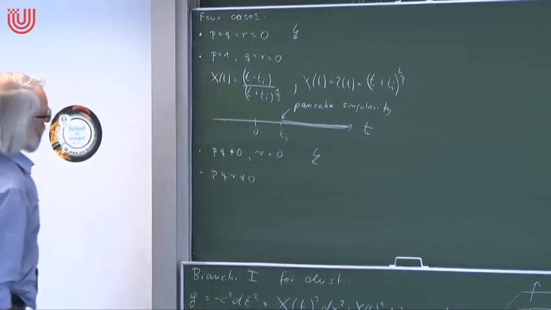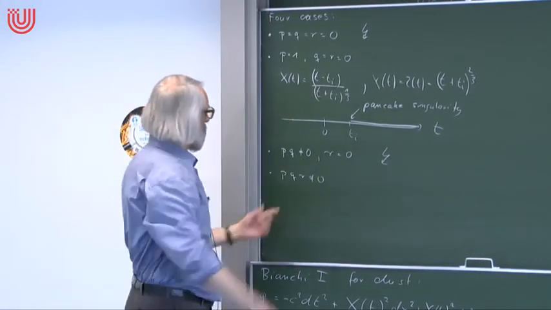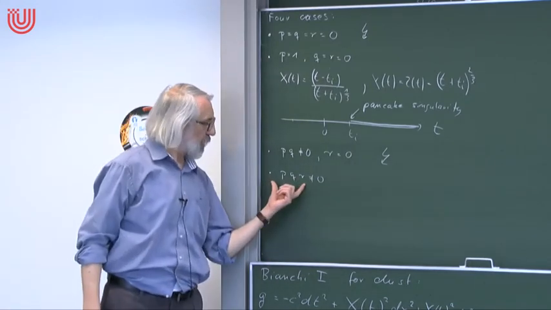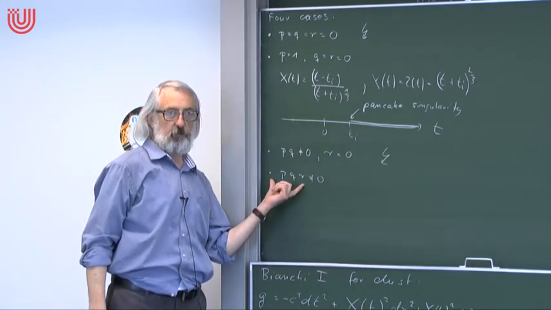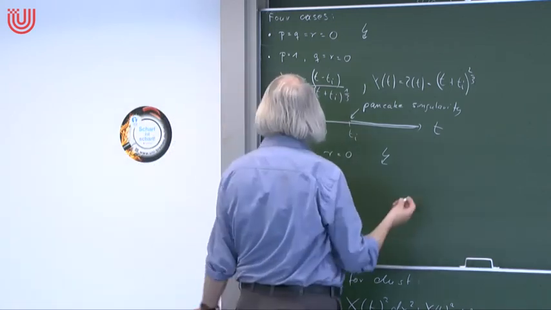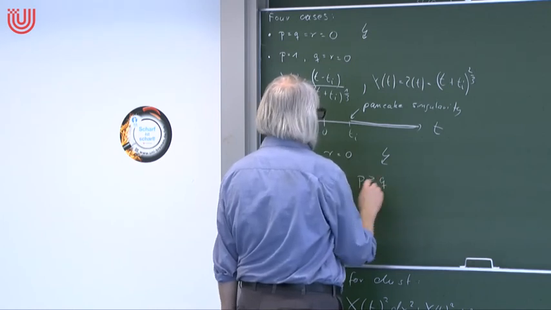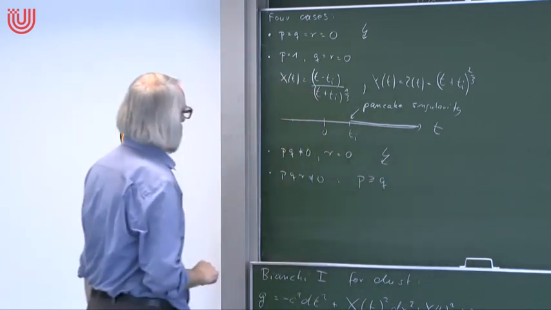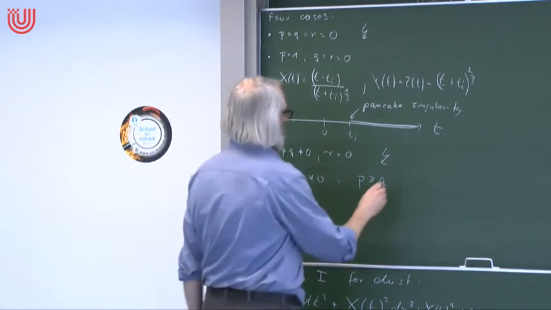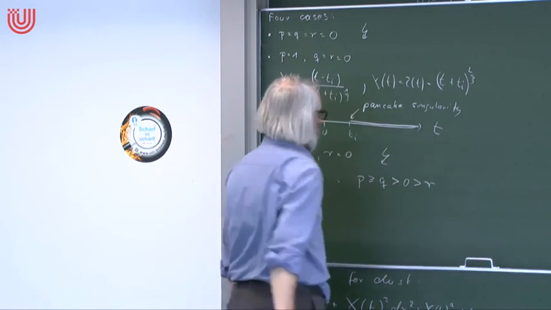And then the generic case is the case that all three are different from 0. And we have seen last time that the two Kasner relations, the two relations in the box, require that one of them must be negative and the other two positive. That's the only possibility. So if P is the biggest one, they may be equal. There's a special case where they are equal, but they both must be strictly positive, and the third one is strictly negative.